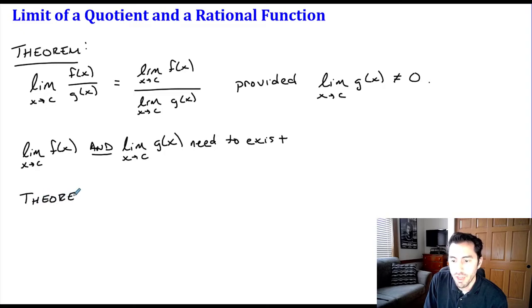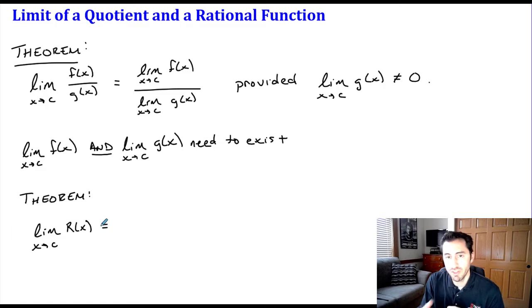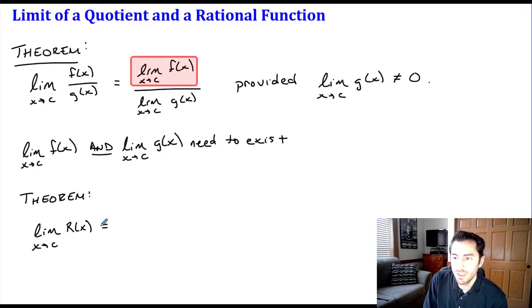So let's write down another theorem. So if I have the limit as x approaches c of a rational function, I'm going to indicate that with a capital R. So remember, this is just two polynomials that are being divided. If I apply my quotient rule up here, this is the limit of a polynomial, and this is the limit of a polynomial.